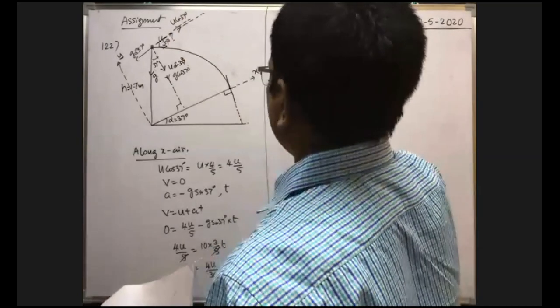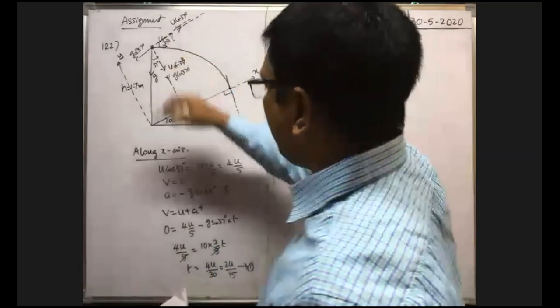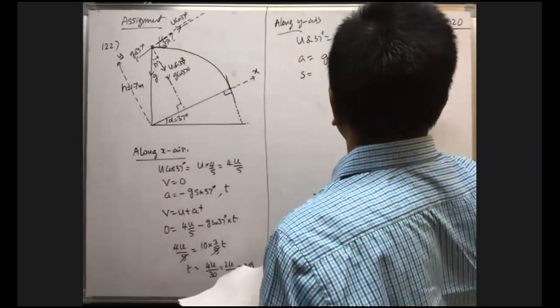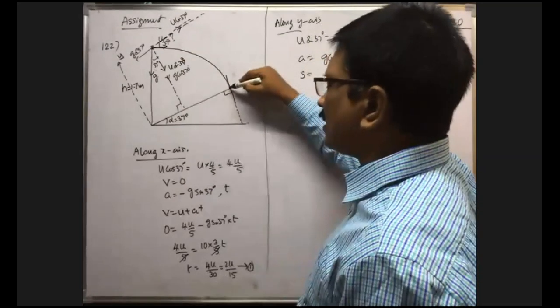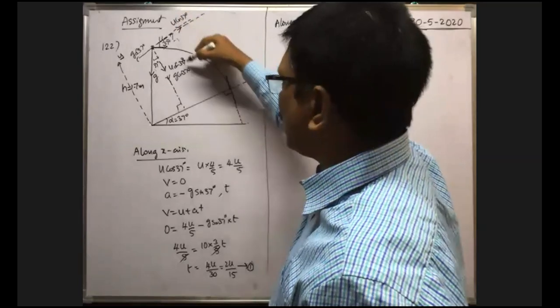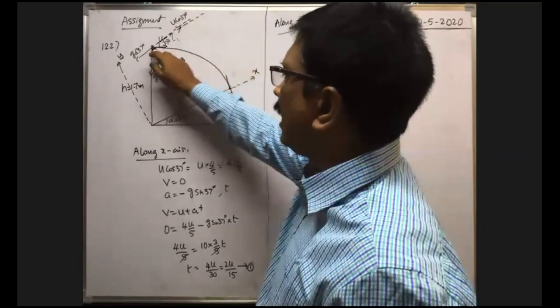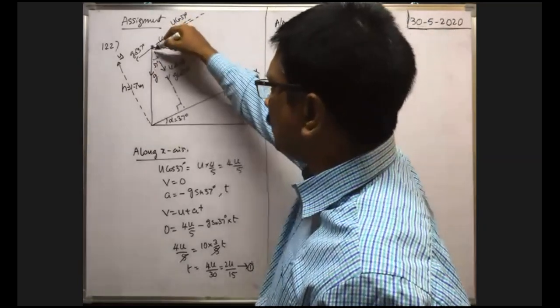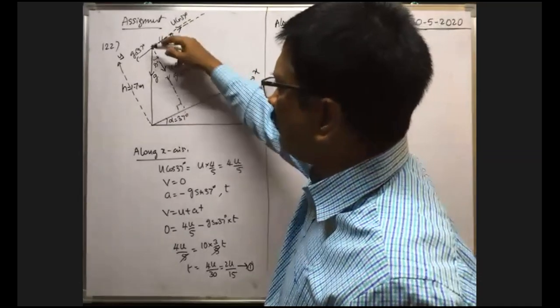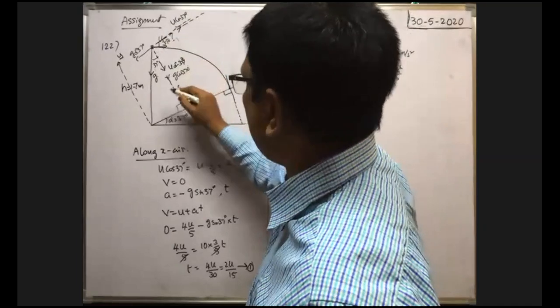Okay. Next, displacement. In a time t, where t is equal to 2u by 15, it reaches the inclined plane. Because of that, along the y-axis, what is the displacement of the body? When it travels from this point to this point, what is the displacement along the y-axis?